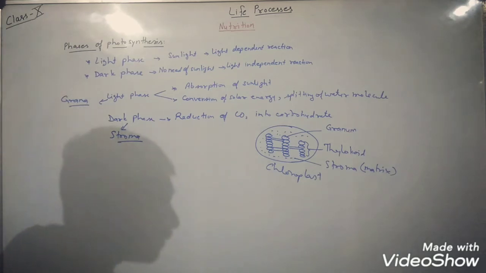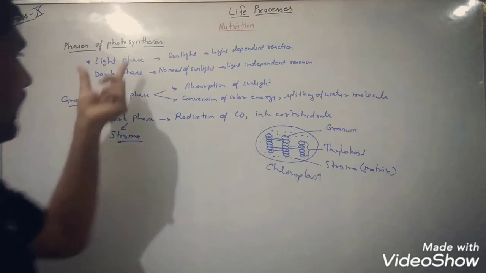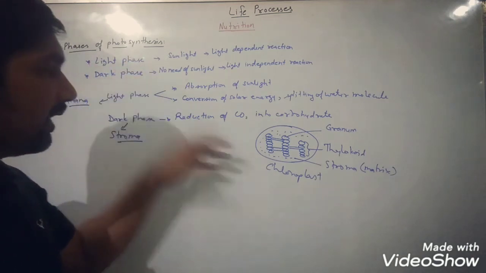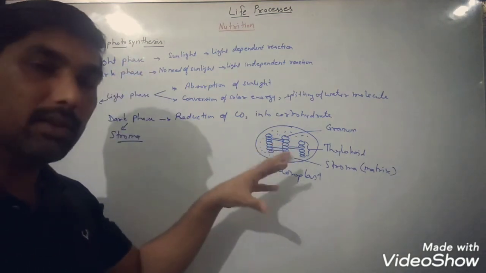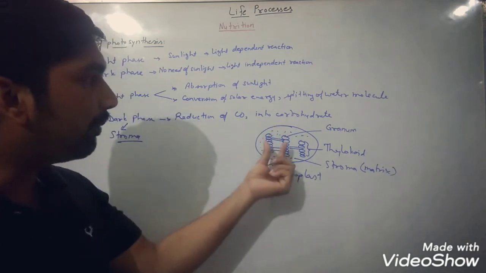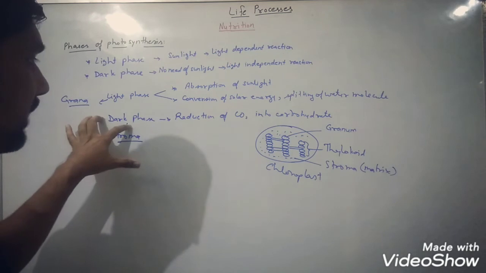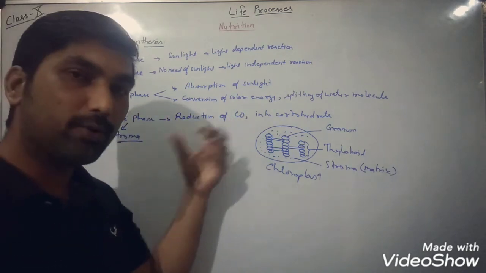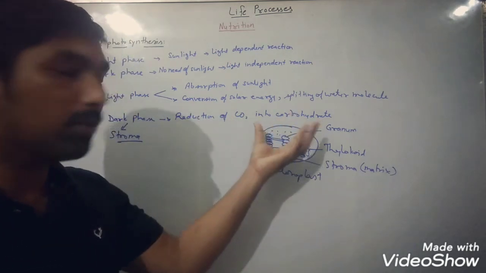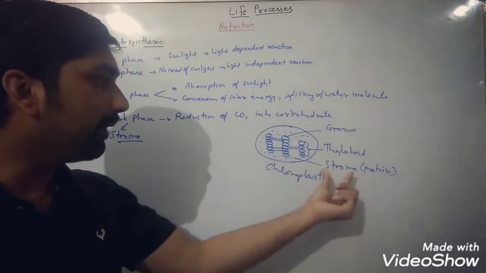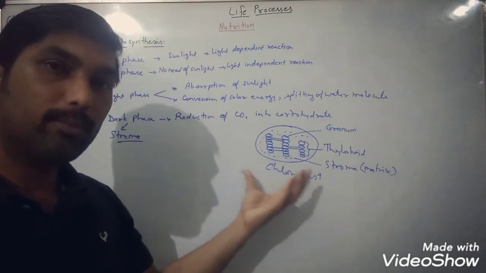So this was all about the photosynthesis process. The light phase requires sunlight and happens in the granum. In the dark phase, the reduction of carbon dioxide and formation of glucose happens in the stroma of chloroplast.